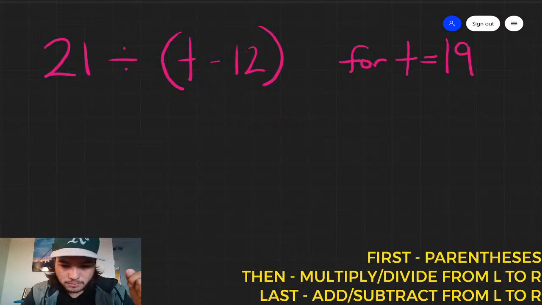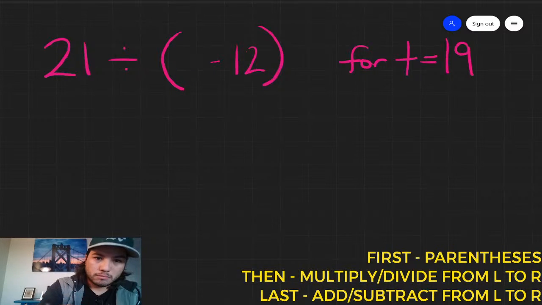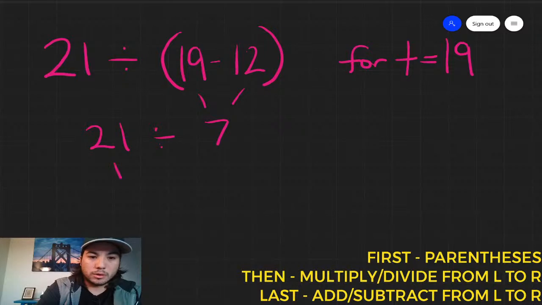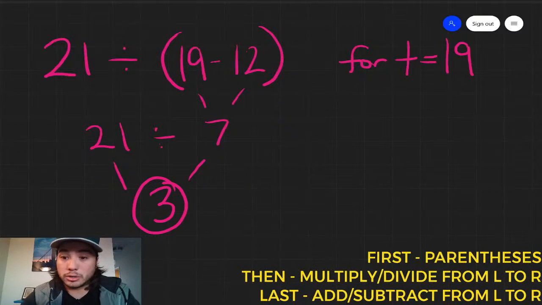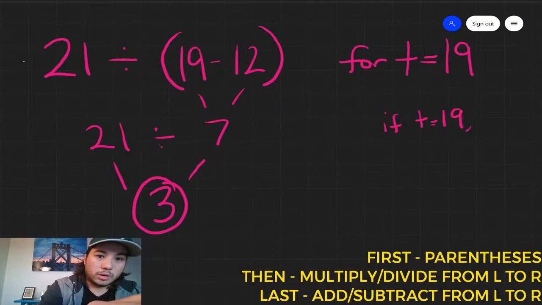Okay, so for t equals 19, minus 12, 7. 21 divided by 7. Oops, not 27. 21 divided by 7. Or 7 times what is 21? 3. Okay, and so then what you could start doing is saying, if t equals 19, and then we could make, what if it was 21, what if it was something equals x, right?